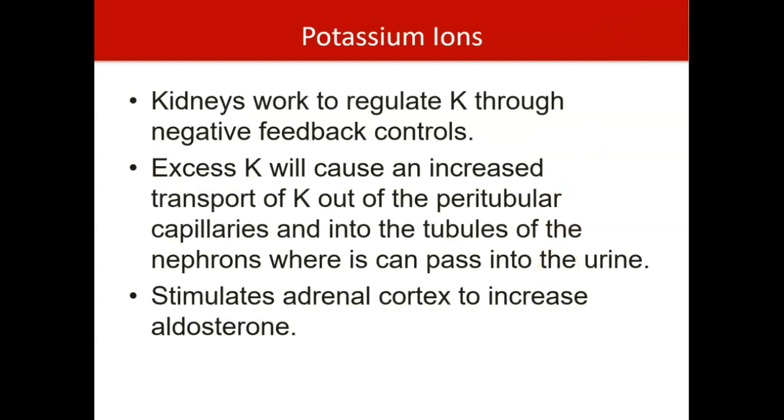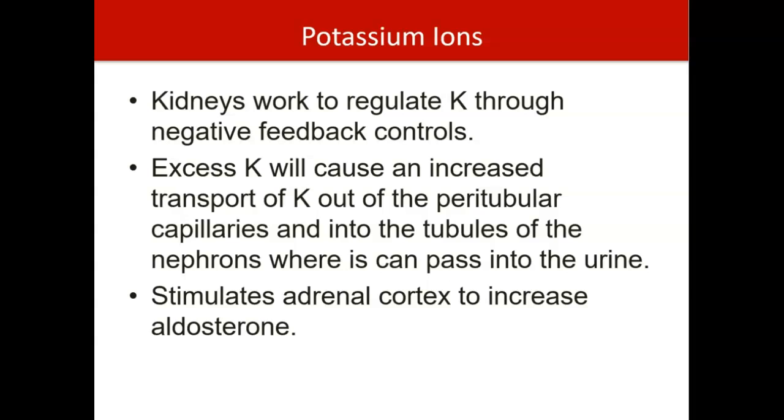So the kidneys work to regulate potassium levels through negative feedback controls. If they sense an excessive amount of potassium, they're going to increase the transport of potassium out through those capillaries and pass it out in the urine. They're also going to stimulate the adrenal cortex to increase your aldosterone level.